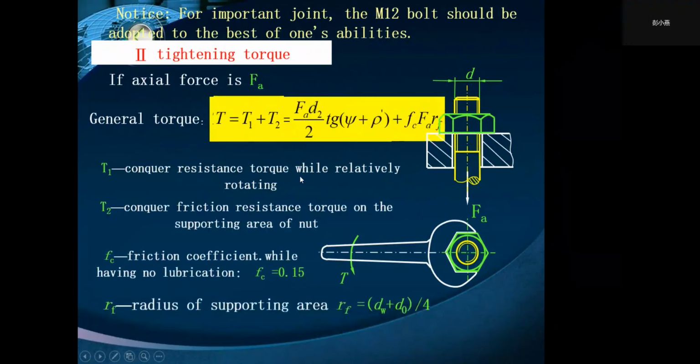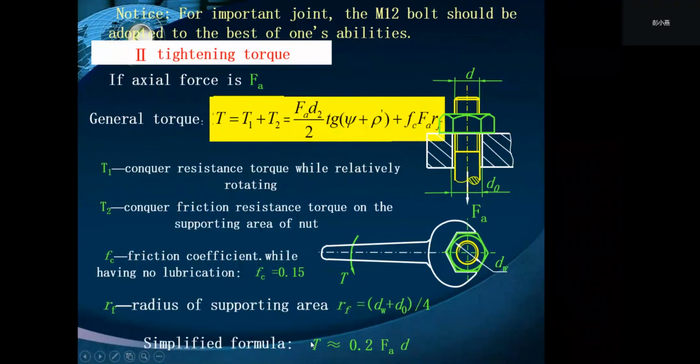After simplification, the torque T is approximately equal to 0.2 times F times D. F is the preload, and D is the major diameter of the thread.